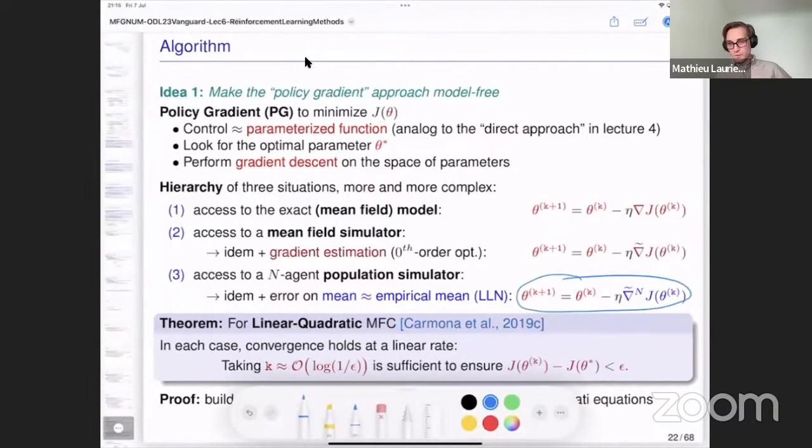In fact, for the three of them, but in particular the last one. And we can show that it converges at a linear rate, at least what is called the linear rate in the optimization literature, which means that you need to take an order of updates, an order of iterations proportional to the log of 1 over epsilon, where epsilon is going to be the bound between J theta k and J theta star, so the optimal one that you can get.